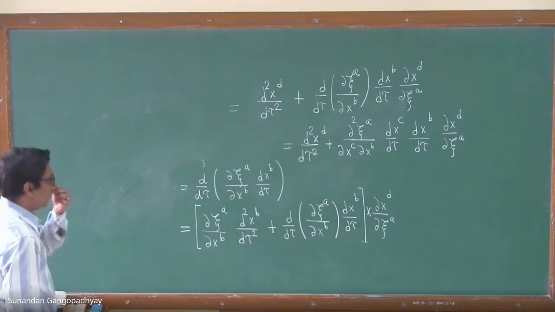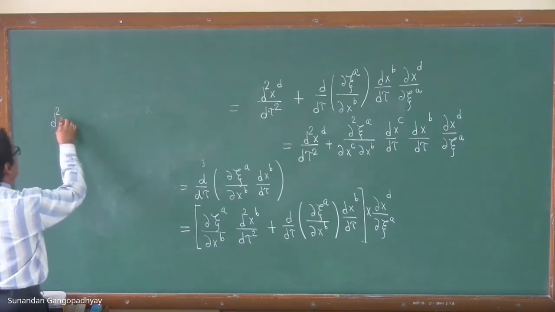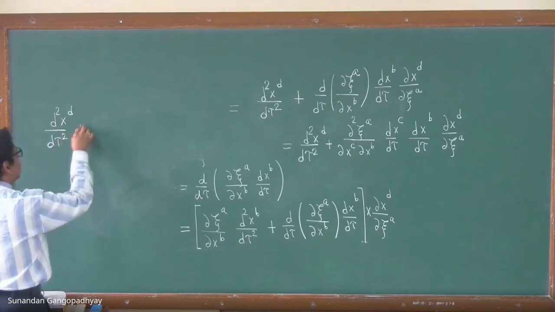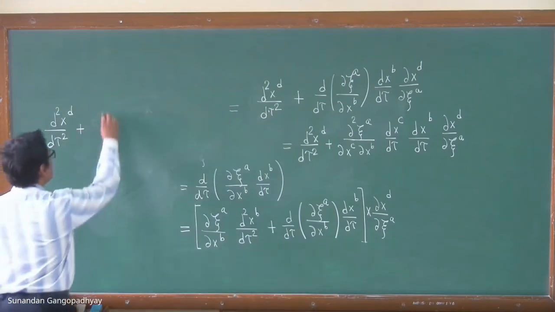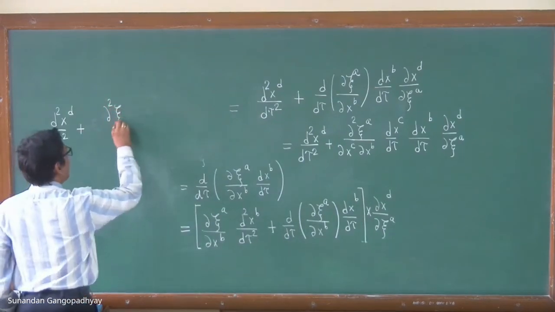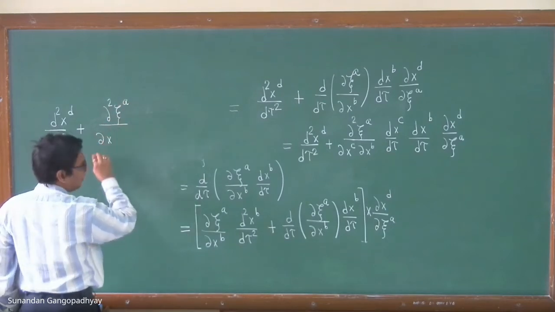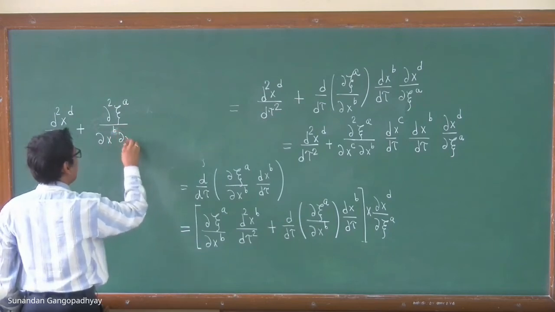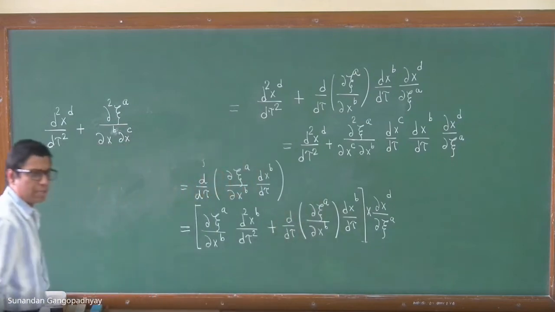So from here, you can immediately see that you can write this as d²x^d/dτ² plus ∂x^d/∂ξ^a times ∂²ξ^a/∂x^b∂x^c, because these are partial derivatives, therefore we assume that they commute with each other.